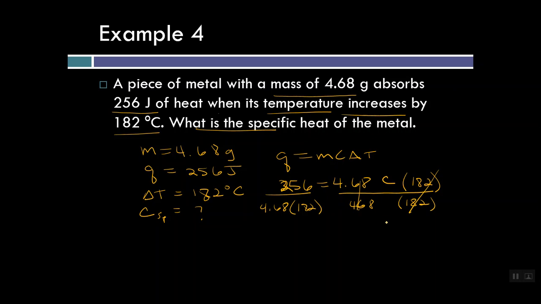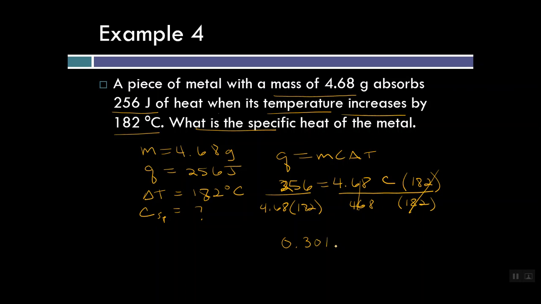All right, so on my calculator, I'm just going to do 256 divided by 4.68, and then divide by 182. Make sure you can do it on the calculator. A lot of people mess up. They do all the algebra and the chemistry, but they don't work their calculator right.